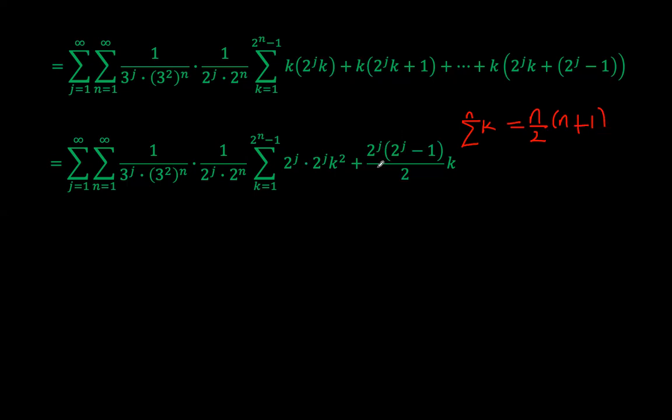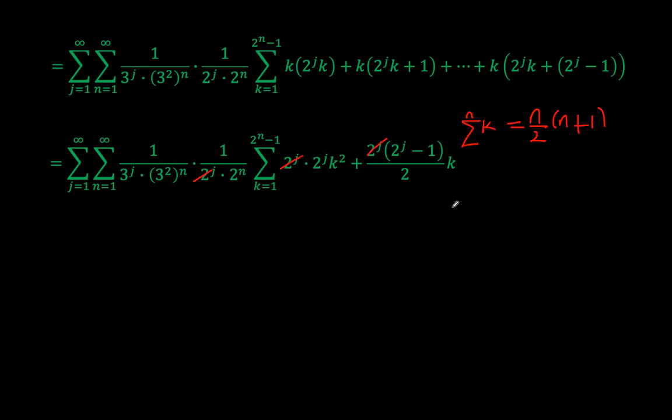So the sum of those k's becomes 2^j times 2 to the power j times 2 to the power j minus 1 over 2 times k. So obviously we can use this to cancel with that, and it can go with that.